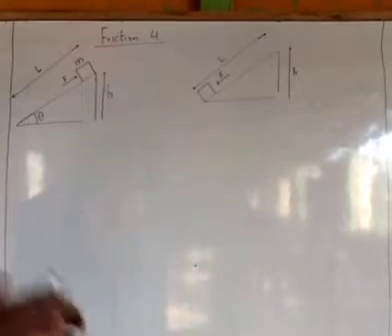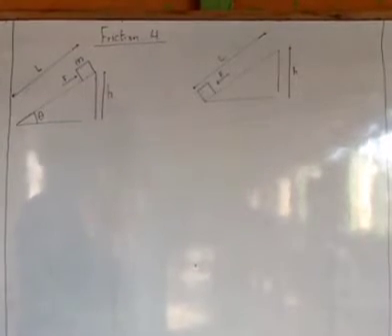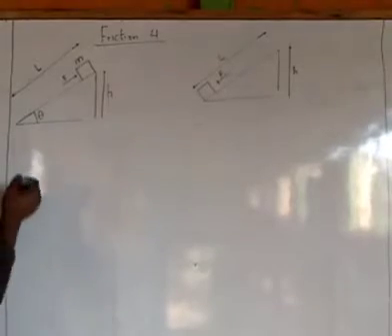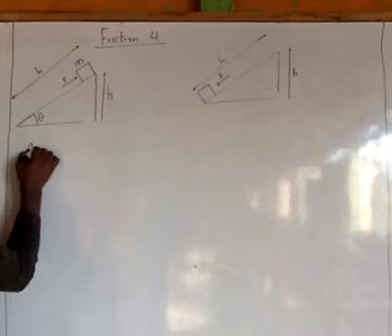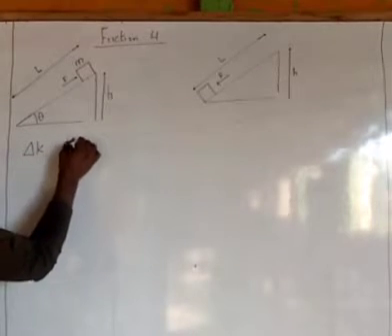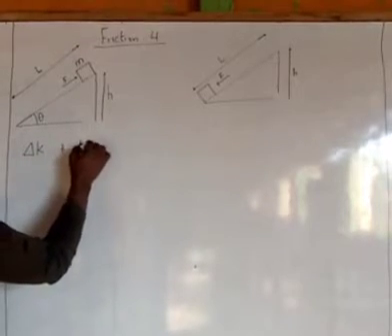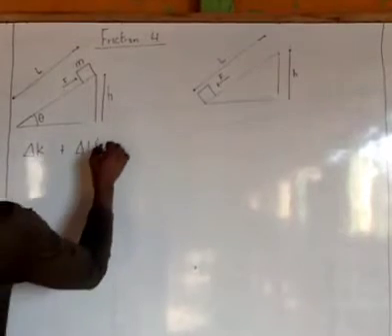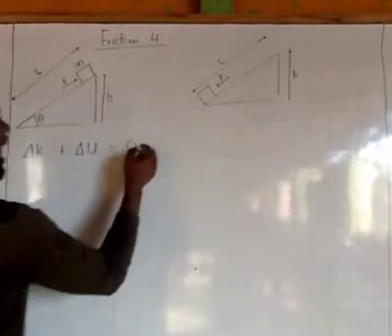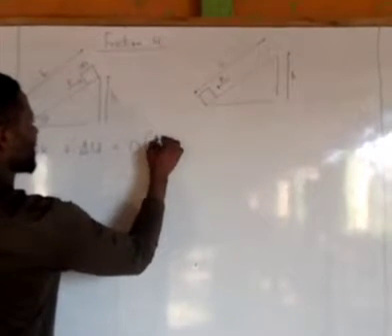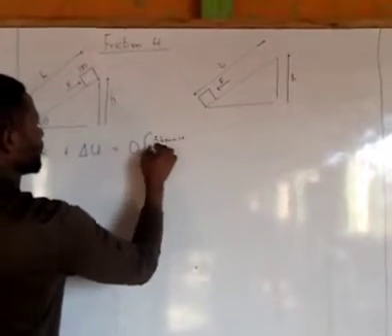So in the absence of frictional force, total work done is delta K, which is change in kinetic energy, plus change in potential energy, which is equal to 0. This is in the absence of friction.